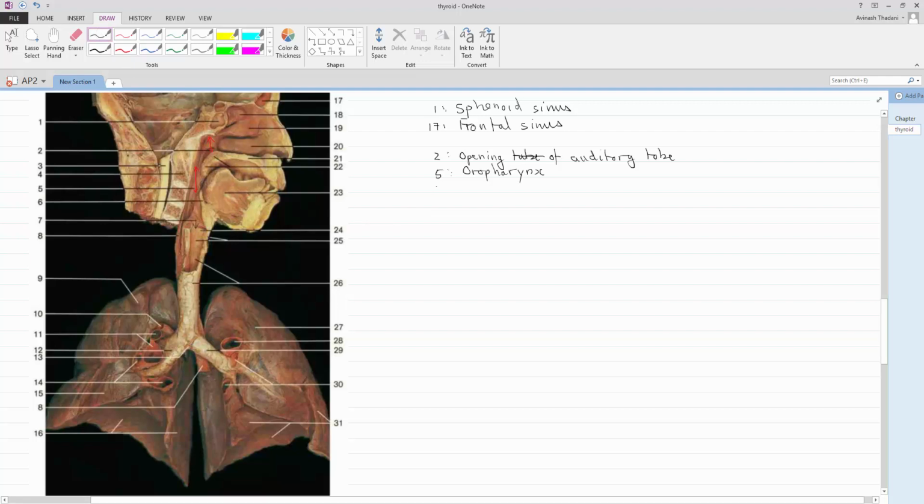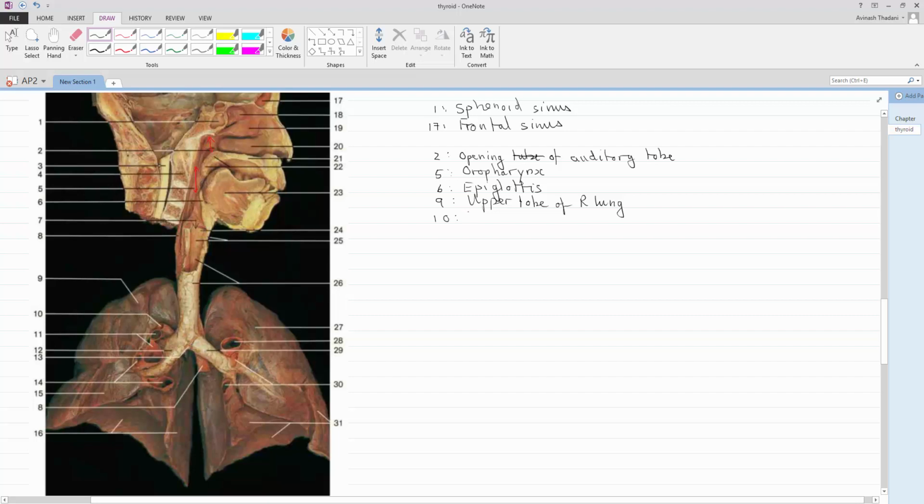6 is the epiglottis, which closes off the larynx when we're swallowing food or drinking water. 9, where's 9? Here, that's the upper lobe of the right lung. 10 is not the pulmonary arteries or veins.